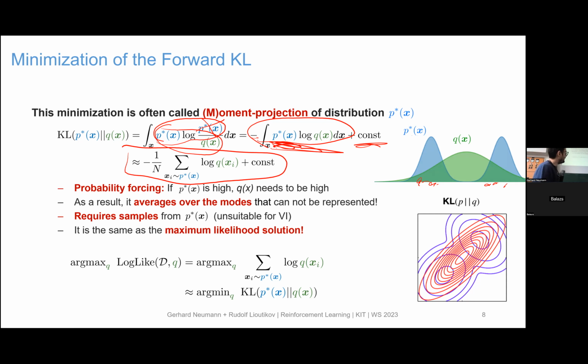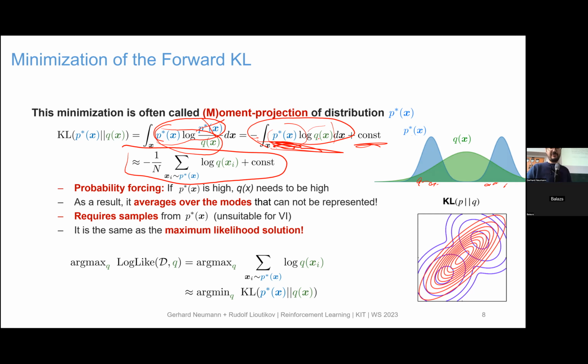But the basic property of the forward KL is that it is probability forcing. We can see that also in the equation here: whenever P star is high, also the log Q of x needs to be high.